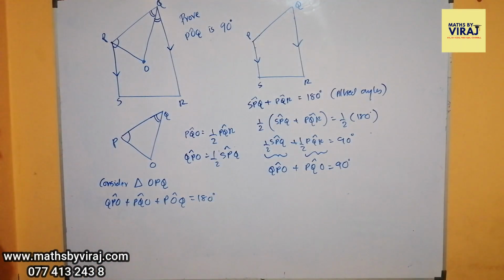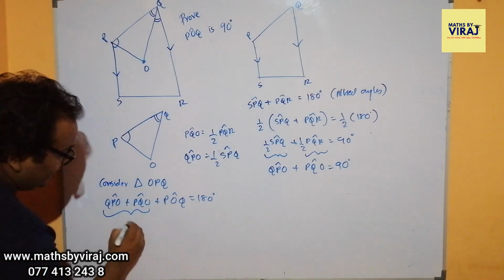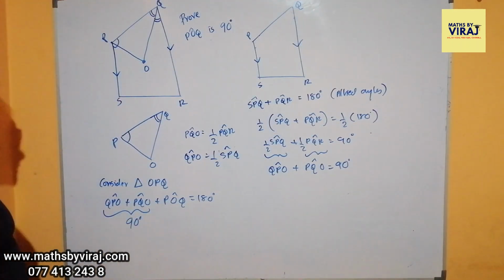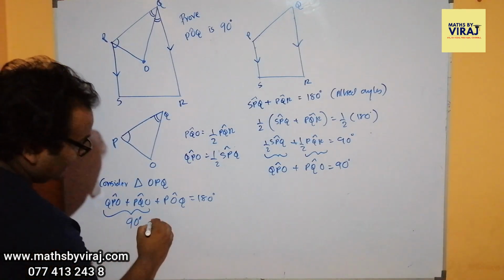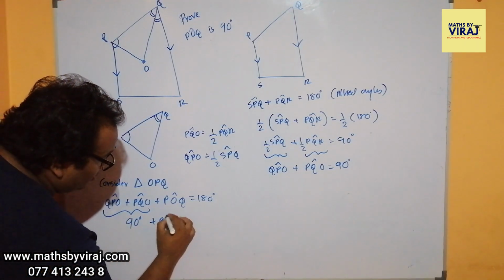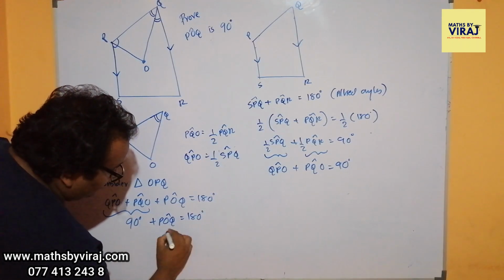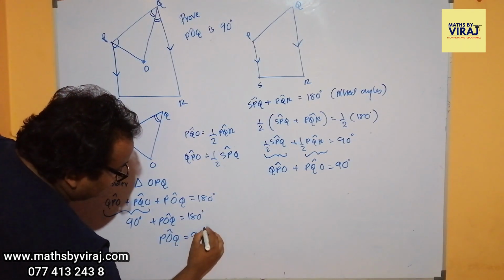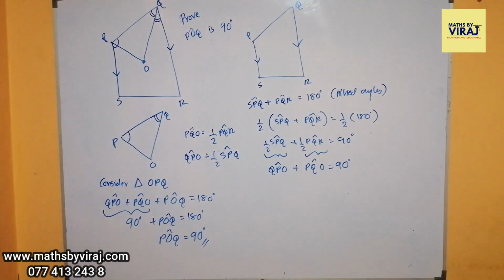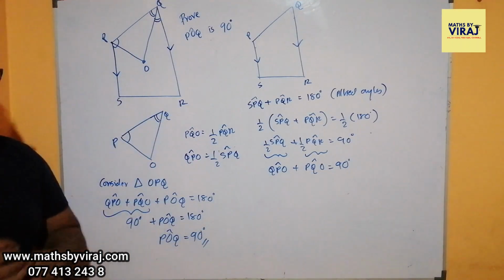Angles in a triangle add up to 180. Now, these two collectively have got a value of 90 degrees. 90 plus POQ is 180. Therefore, POQ is 90 degrees. So, we have proved what needs to be proved.